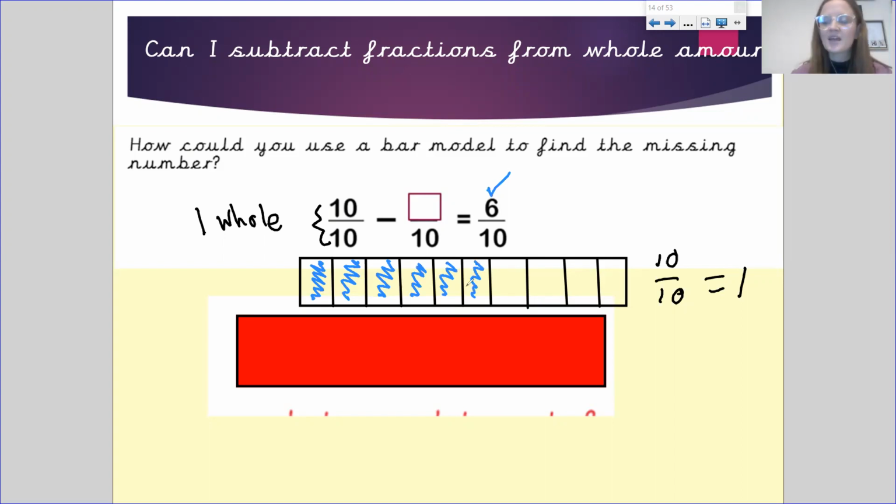So what did I take away that then gives me 6 tenths? And if I use a different color, let's use yellow, I can see that I've taken away 1, 2, 3, 4. I've taken away 4 tenths and I've been left with 6 tenths. So I've got 4 tenths over there.